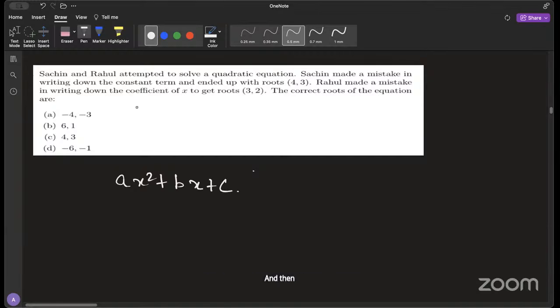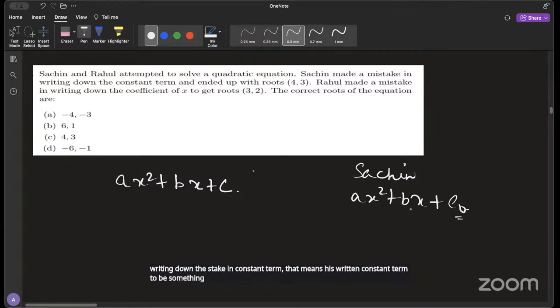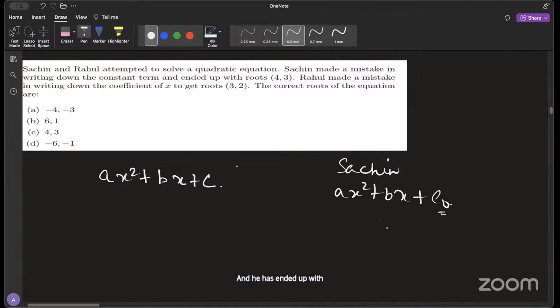Sachin made a mistake in writing down the constant term. That means he has written the constant term to be something else, and he has ended up with roots 4 and 3.